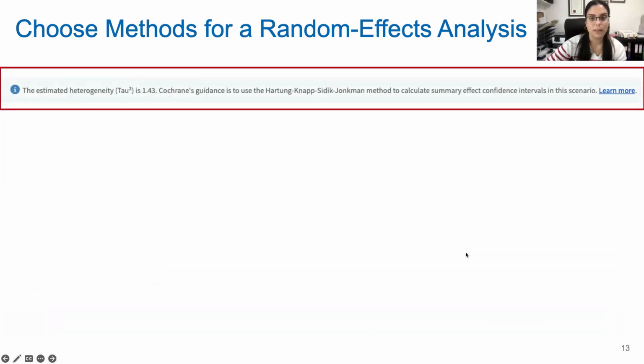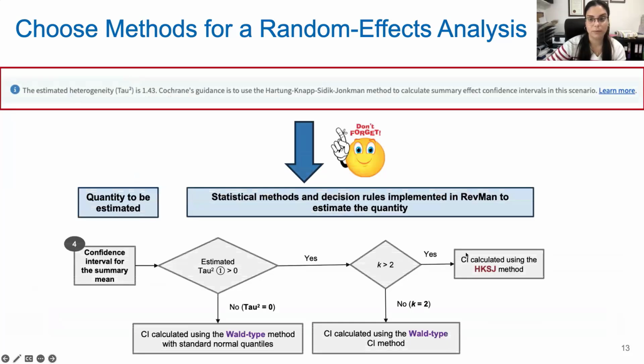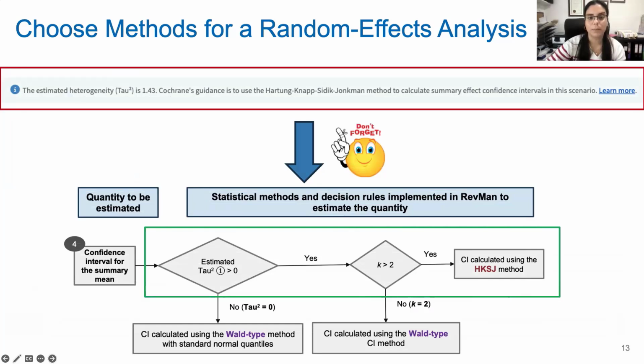So going back to the part of the recommendations for the confidence interval that Joe showed earlier in the overall slide, we can see that for a tau square above 0 and for a larger number of studies than 2, the Hartung-Knapp-Sidik-Jonkman method is recommended. And this is a method that is designed to calculate more accurate confidence intervals for the summary effect.